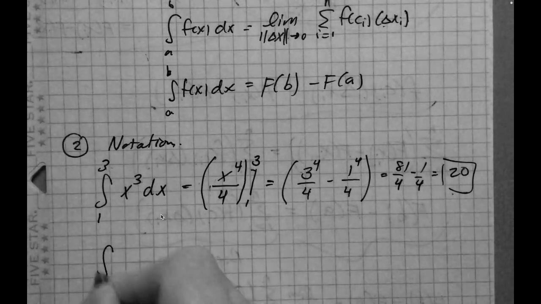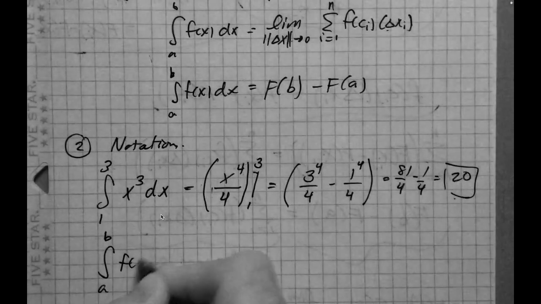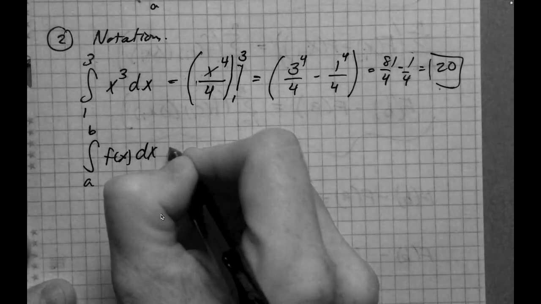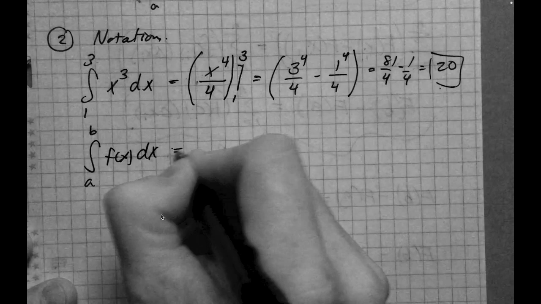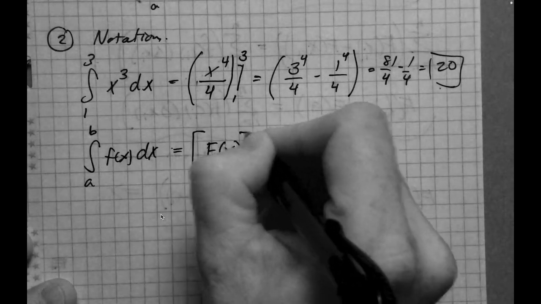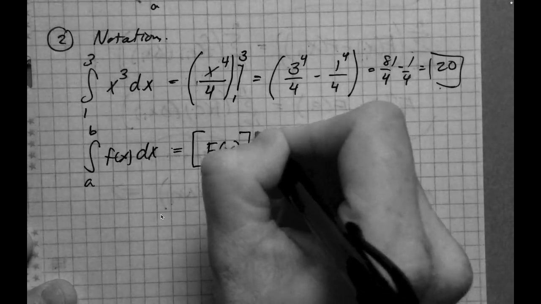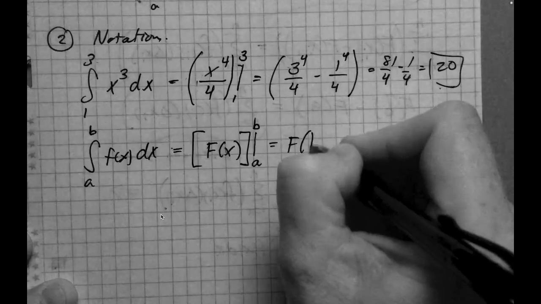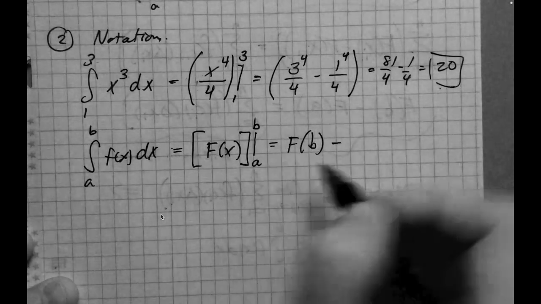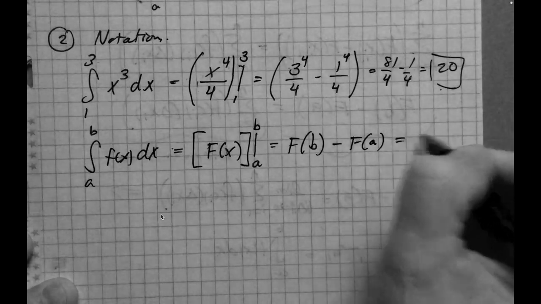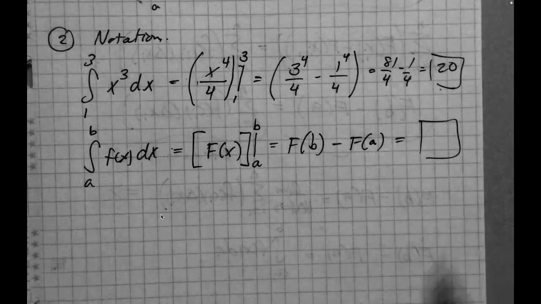If your integral is from a to b of f of x dx, then the way to notate this as you move through the calculation is to say, okay, I found my antiderivative, and it's going to be evaluated from a up to b, and then I'm going to plug in those actual quantities and do the subtraction. And that gets you to your answer.